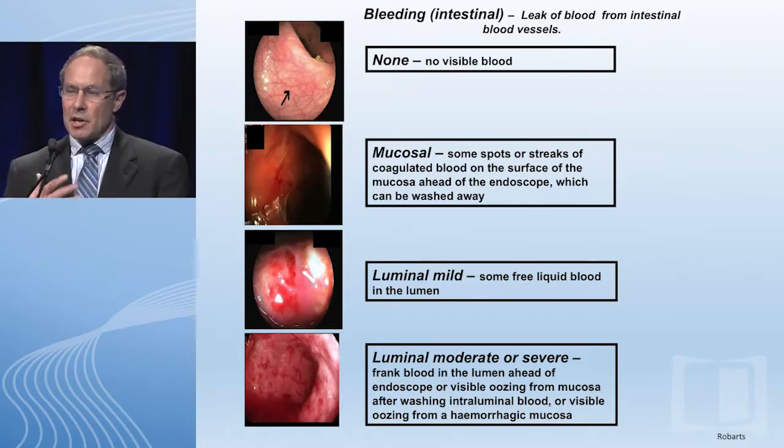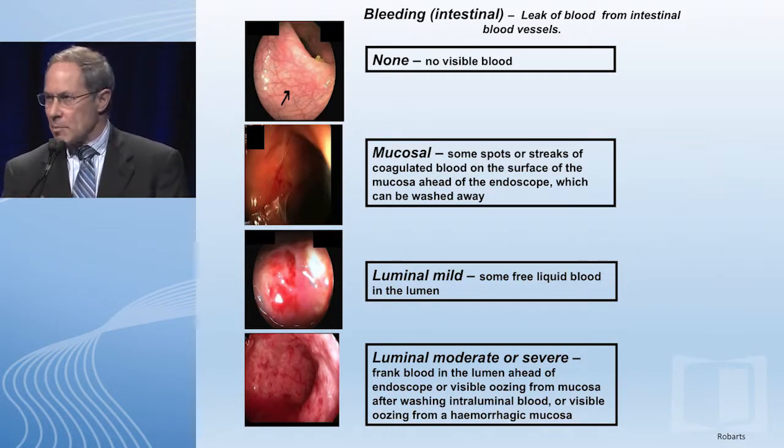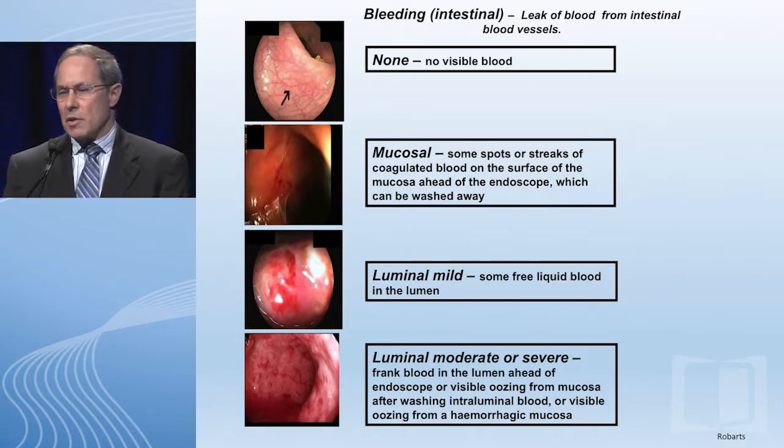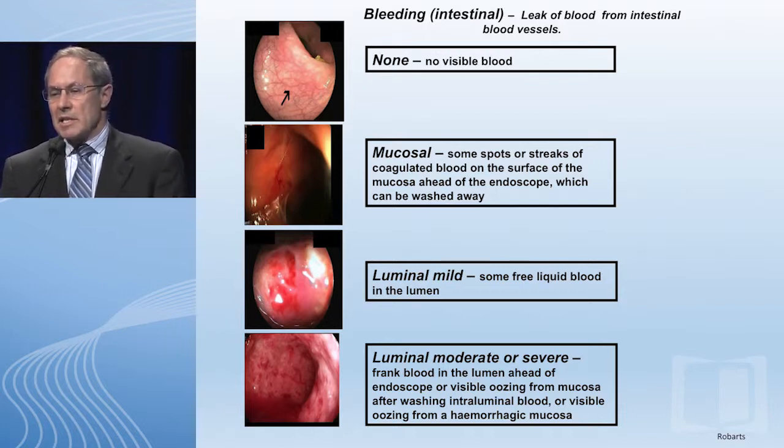Bleeding, again, these are features that we should be attentive to when we do our exams, and we should be including in our descriptions. So talk about the vascular pattern. Talk about whether there's any blood present or not. And so there may be none, as on the top image. There may be some slight blood present, or there might be submucosal blood present, and that should be described.